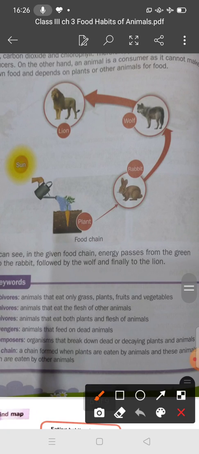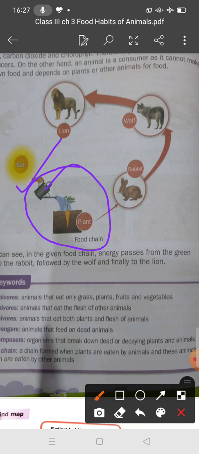You can see this is the plant, and you know plants are producers. They make their own food with the help of photosynthesis. These plants are eaten by the rabbit, as you can see in the diagram. The rabbit depends on the plants because the rabbit is a herbivore.